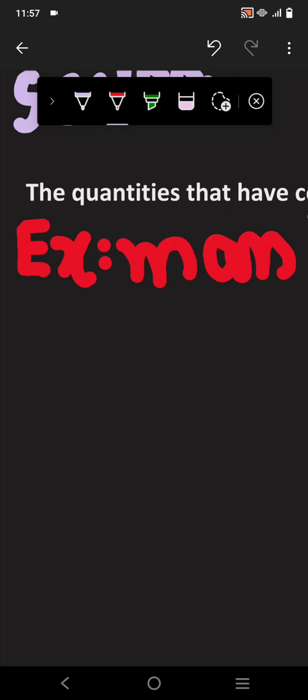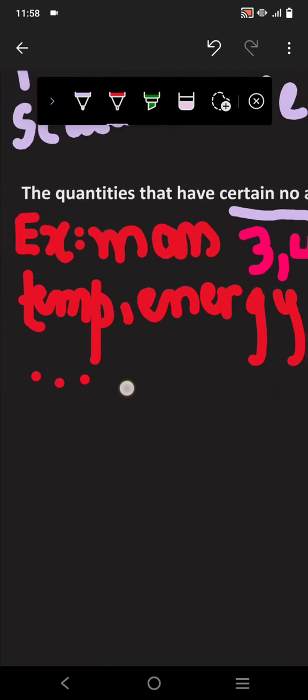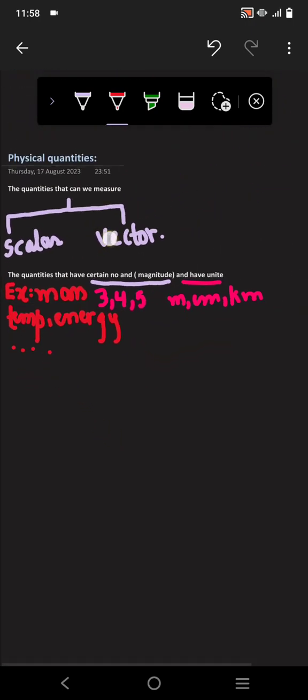And we have temperature. Does temperature go to east, west, north, south? No, it does not. Then we have energy, and many more examples. So these were the scalar quantities.